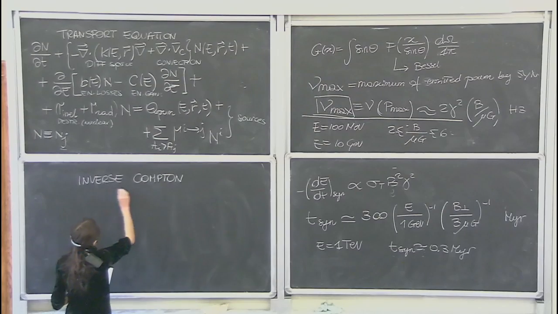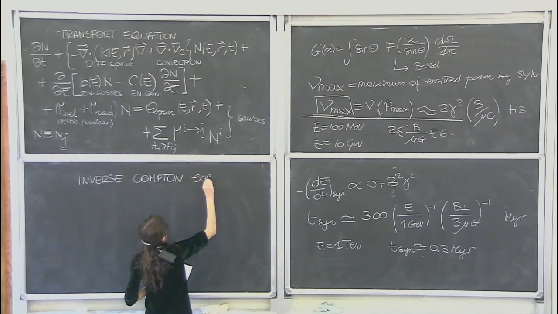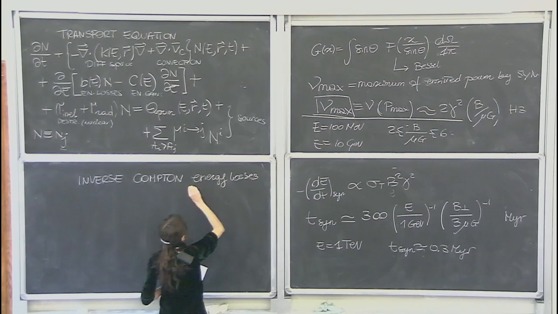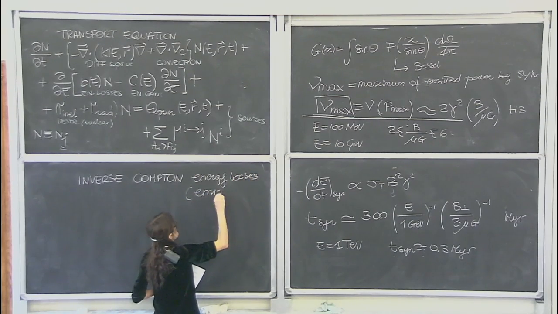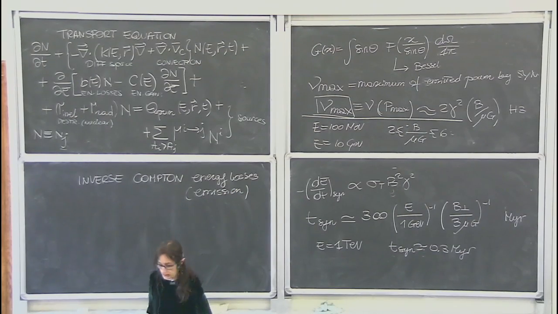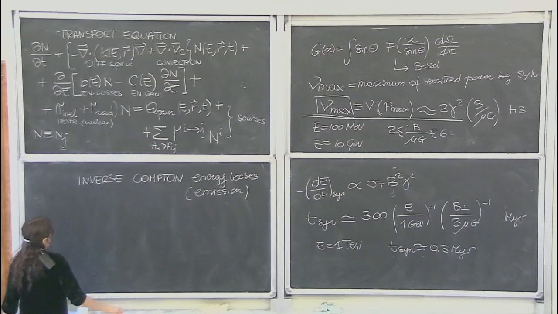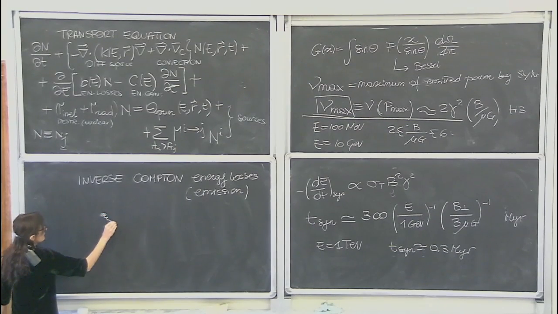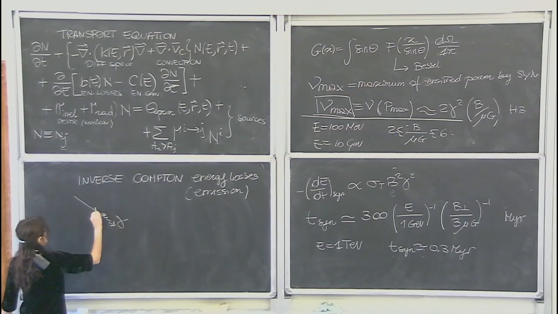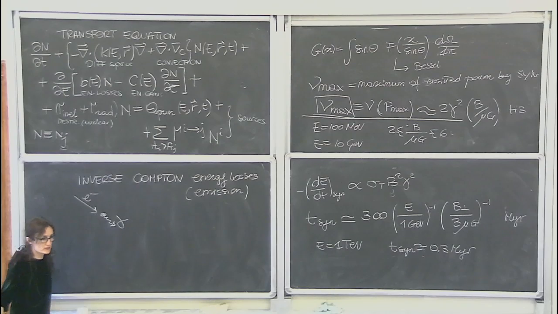We see now the Compton, inverse Compton energy losses, which are, of course, also an emission. And the process is the following. Imagine to have a population of photons and very energetic electrons scattering on these photons.